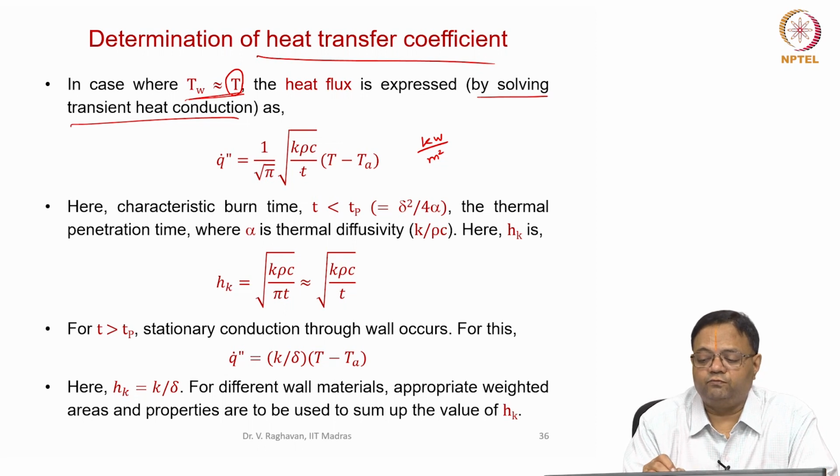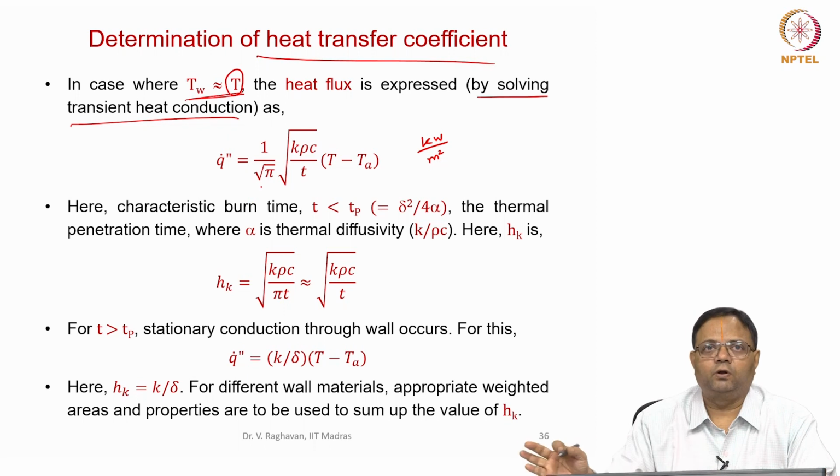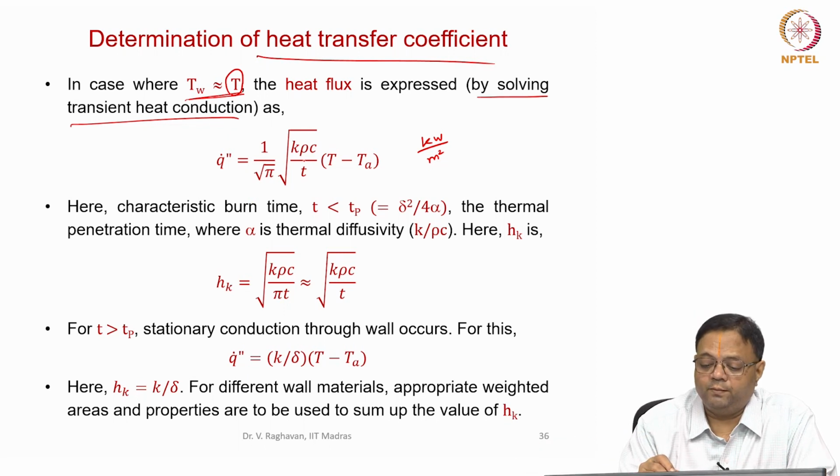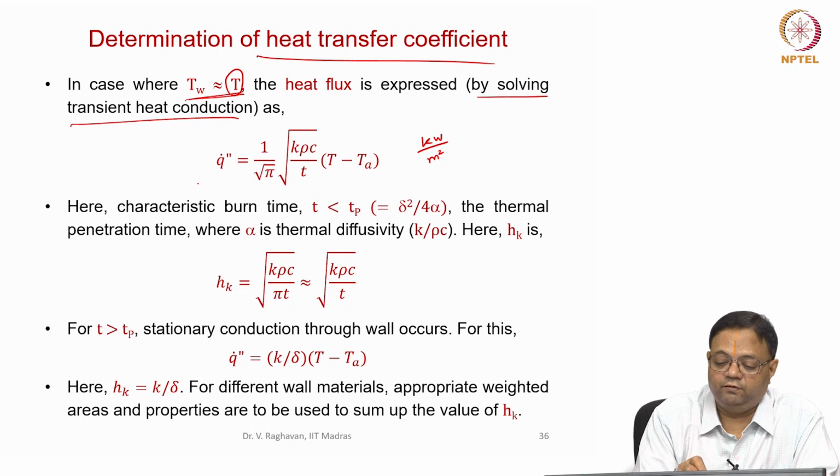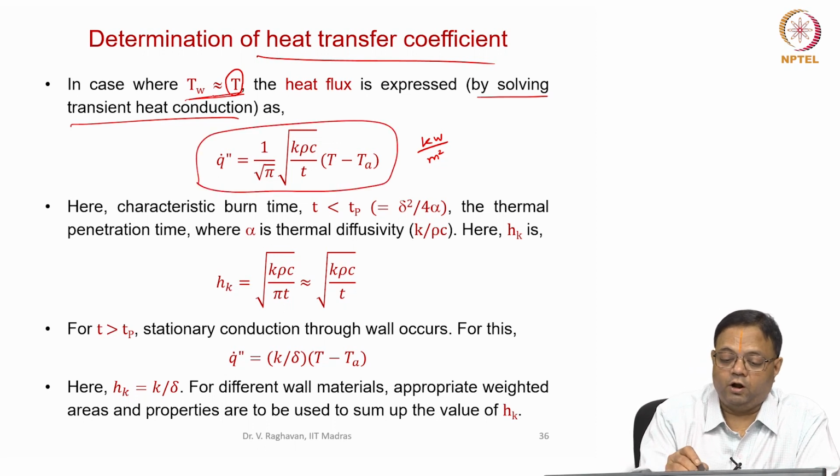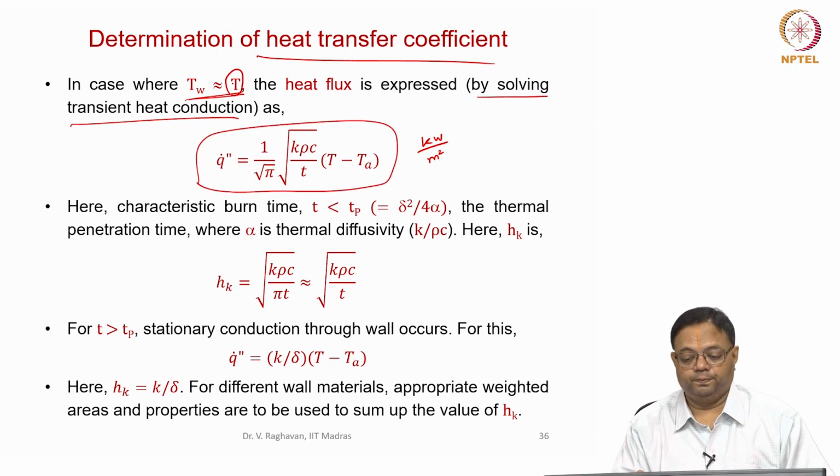This is a solution available for one dimensional transient heat conduction: root of K rho C by time into T minus TA. This is the heat flux. Now wall temperature approaches T.